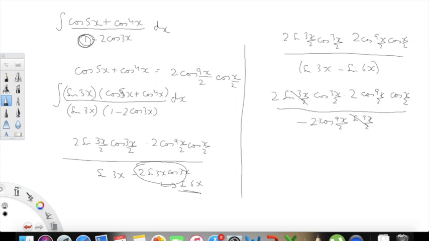This term and this term get cancelled, and this term and this term get cancelled. So it basically just becomes minus cos 3x by 2 into cos x by 2 dx. And again, we can use the reverse formula. What we get is cos 2x plus cos x dx, right? And we can solve it further.